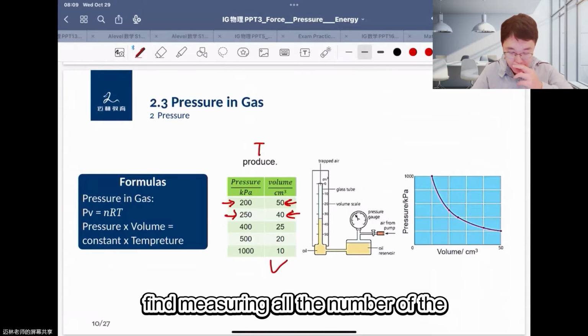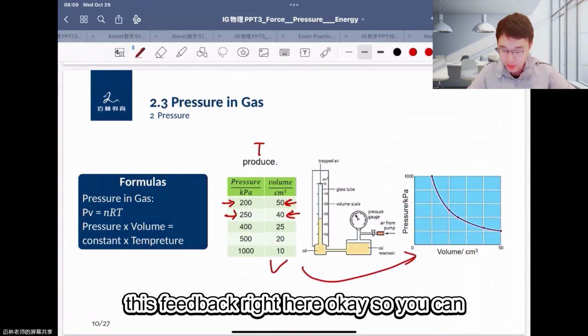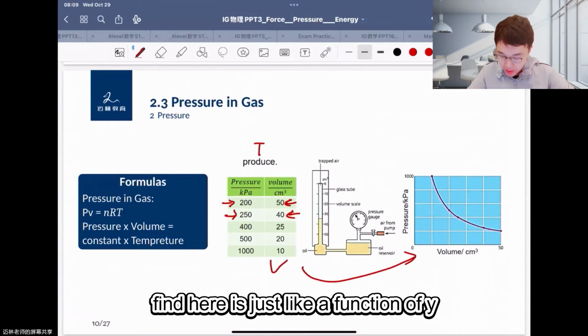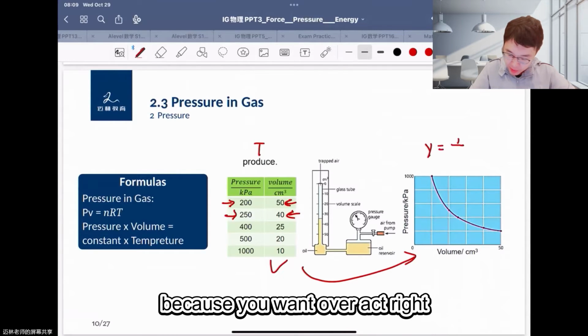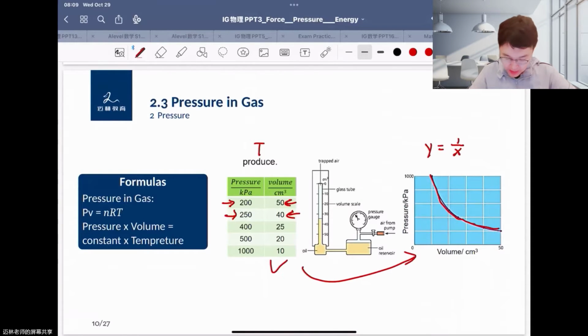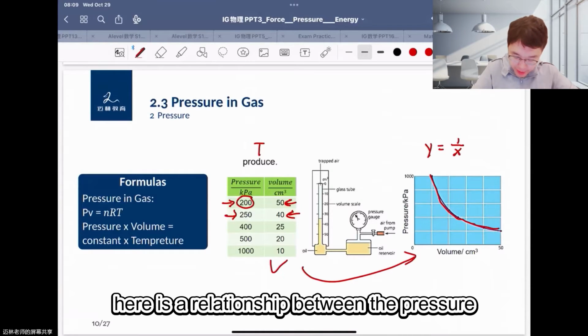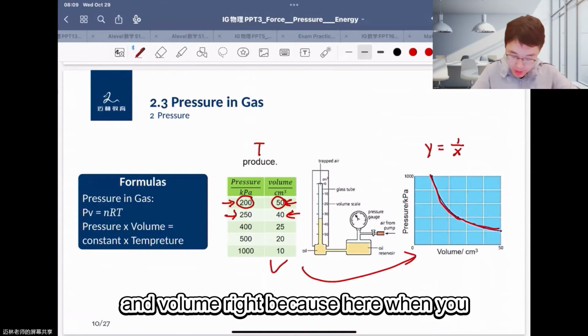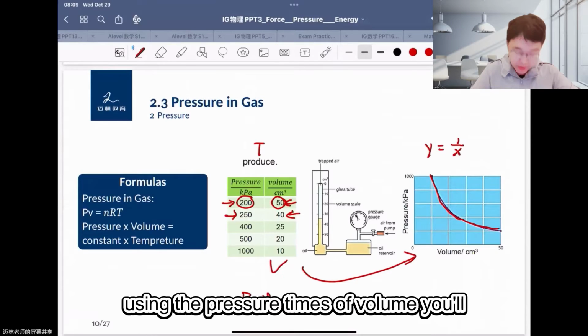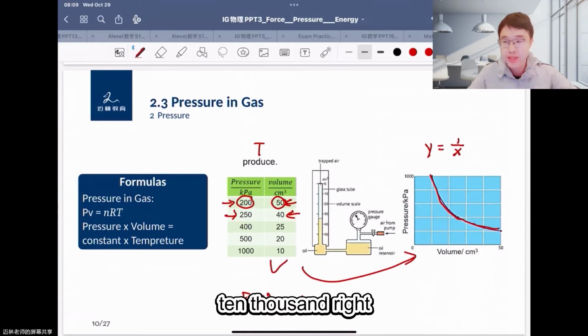Here we measure all the numbers of pressure and volume and make them into this figure. You can find it is just like the function y equals 1 over x, an inverse function. If you are careful, you can find a relationship between the pressure and volume, because when you multiply the pressure times the volume, you get a fixed value, which equals 10,000.